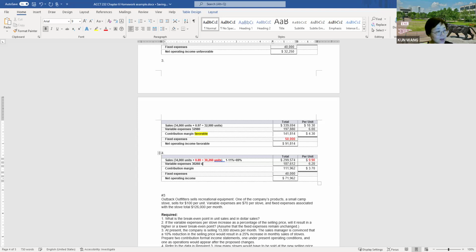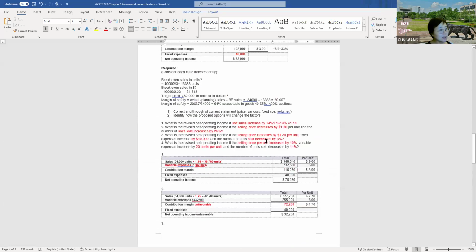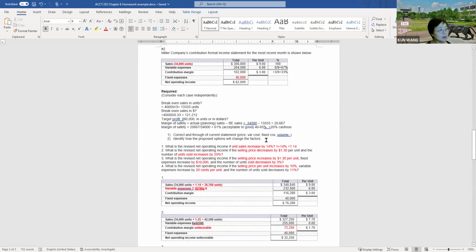And with an increase, so all unfavorable. So pricing unfavorable, variable cost unfavorable, volume decreased. So variable expense is going up. And the contribution margin, you can see, is actually higher than the current.